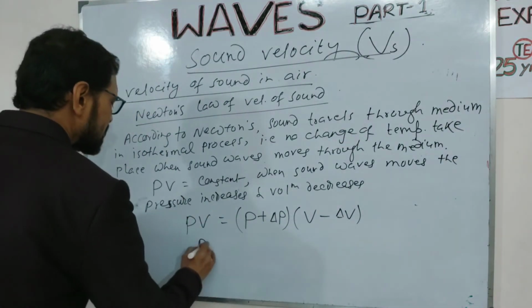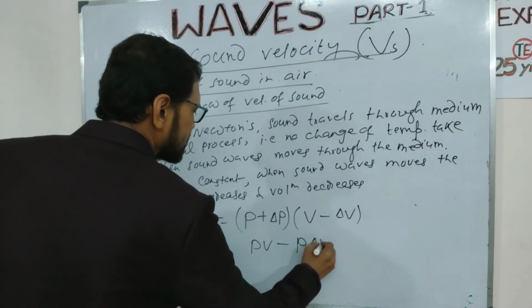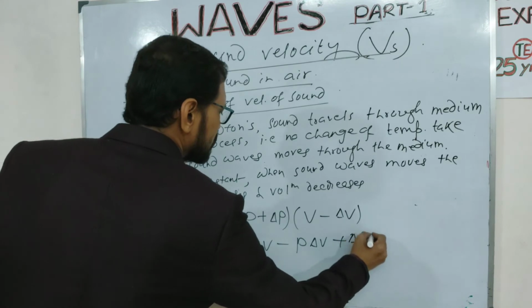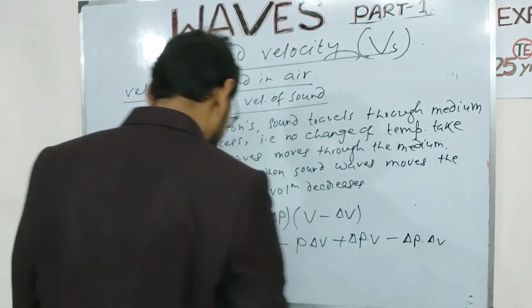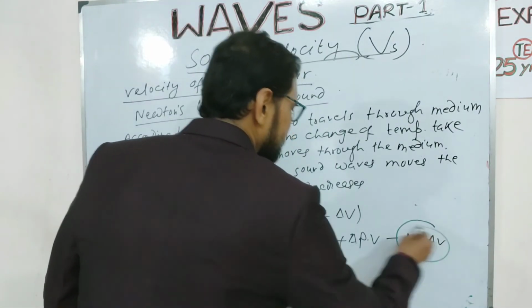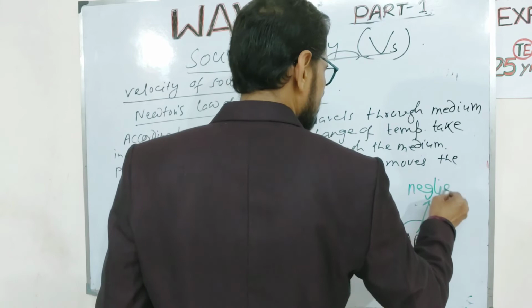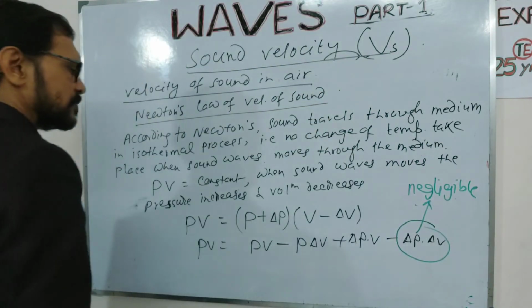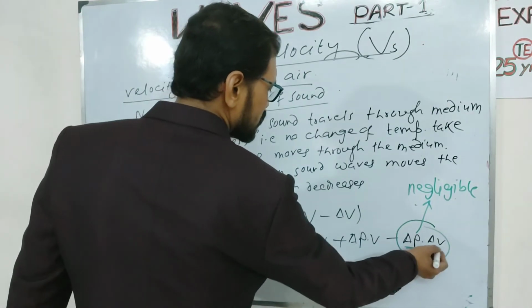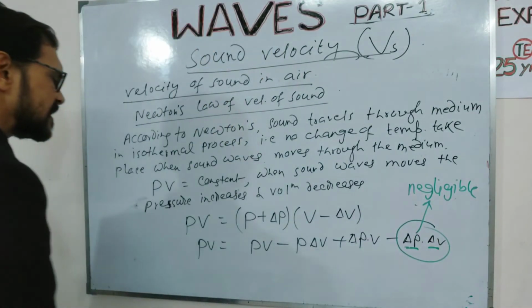So P into V equals (P plus del P) into (V minus del V), which is PV minus P del V plus del P V minus del P del V. Now del P del V is negligible because this is a small change, so the product of two small quantities is negligible.